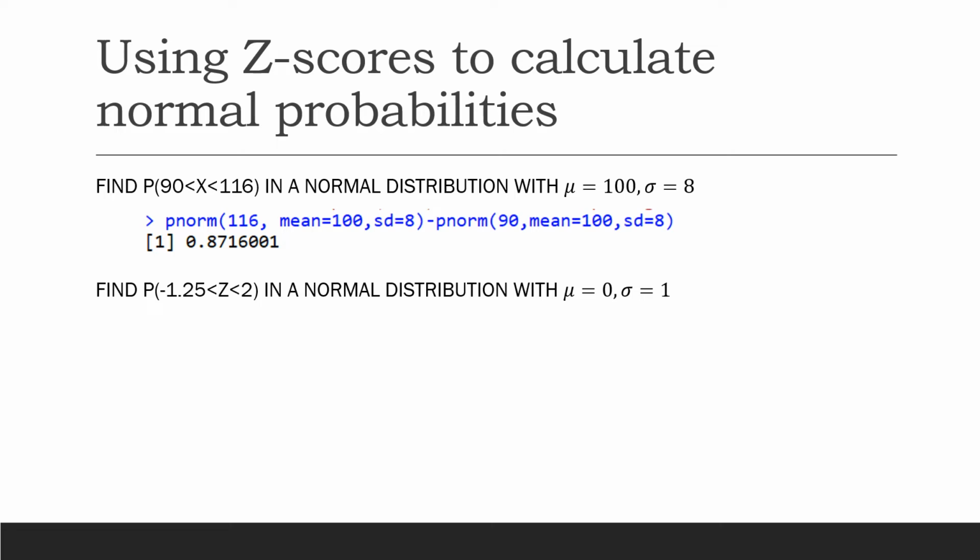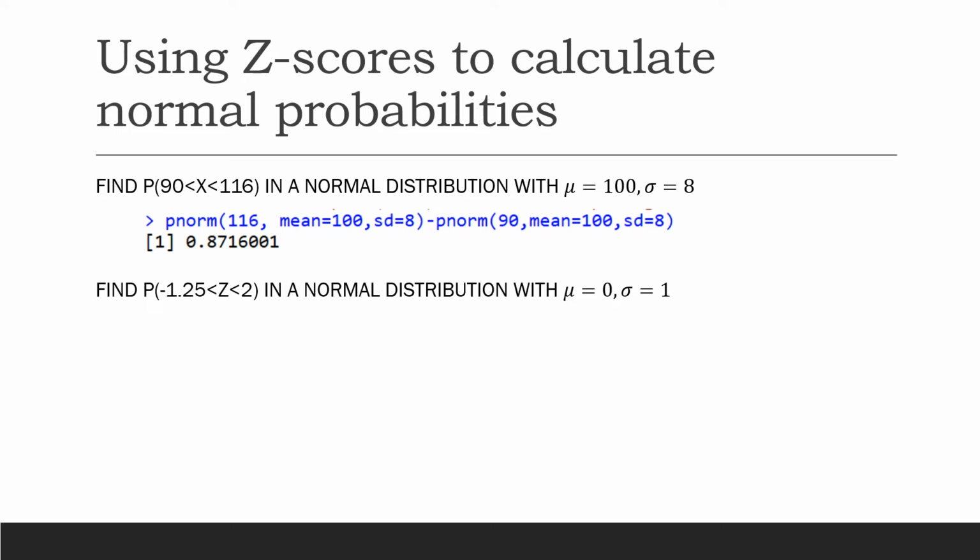Now remember that we just calculated the z-scores for 90 and 116 in this distribution in the last example that we did. And they were negative 1.25 for 90 and 2 for 116.